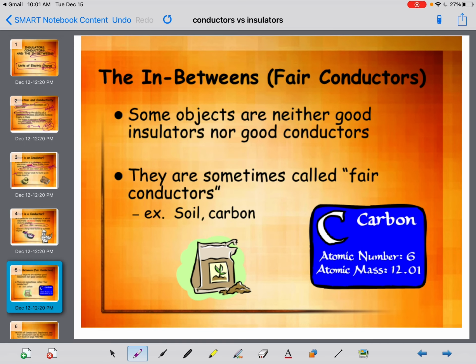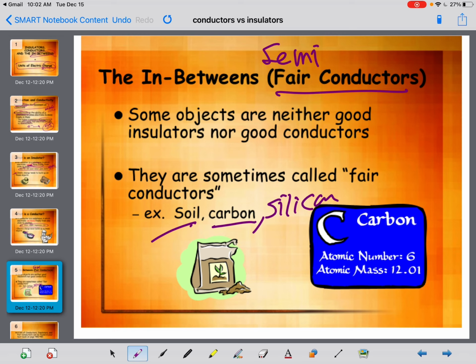The in-between or fair conductors, sometimes referred to as semiconductors, are objects that are not really great at anything. They can conduct a little bit or insulate a little bit, but they don't really fall into one of the two main categories. Some examples: soil is a semiconductor, so is carbon, so is silicon. Humans also are, but we're mostly carbon-based, so that makes sense.